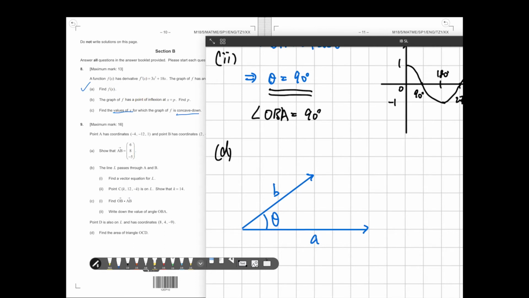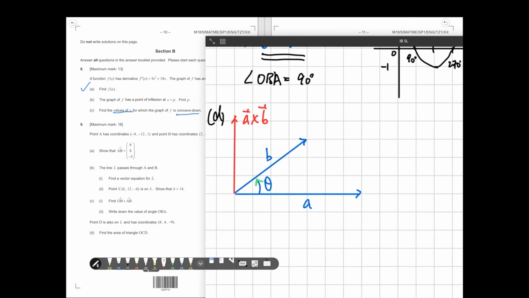When they cross together, it means that the angle is from A to B, and then we can have a perpendicular vector that is called A cross B, right?